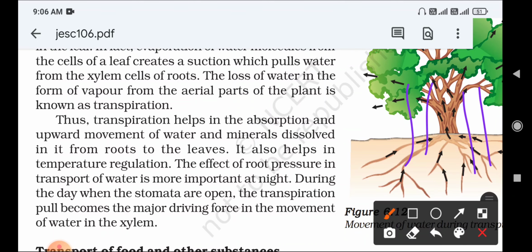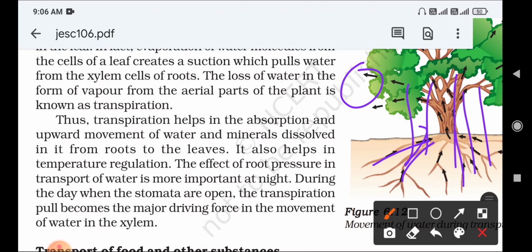As this arrow mark indicates, the loss of water takes place in the form of vapor, and this transpiration helps the transportation of water molecules and minerals to the aerial parts of the plant.